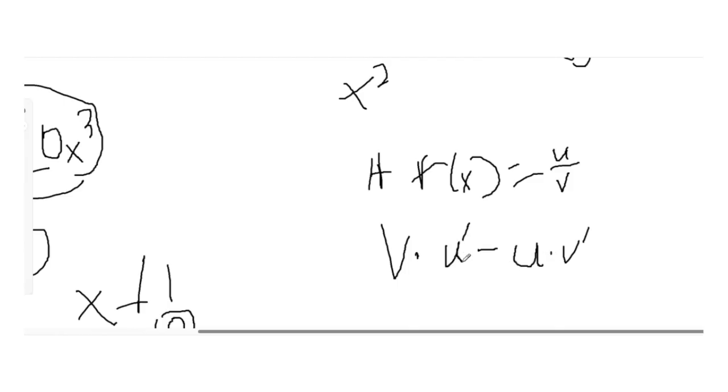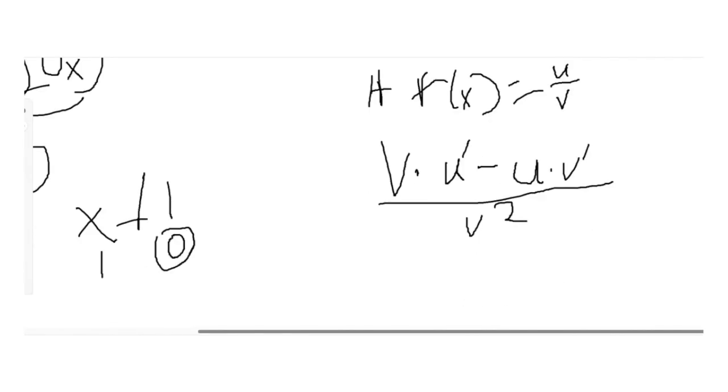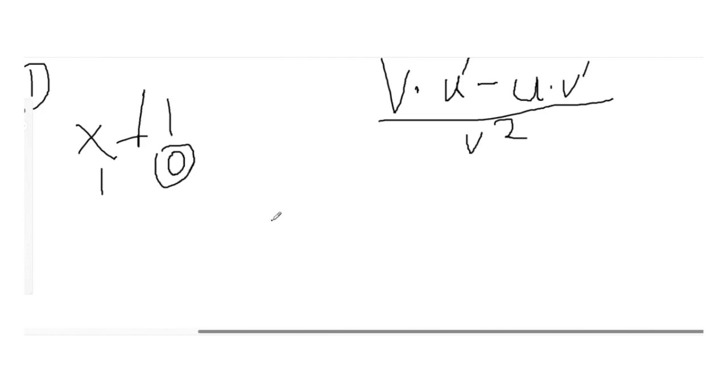Wait, let me make this u a little bit less confusing. Over v squared, okay? So now using this formula, solve x squared plus 1 over x minus 1.